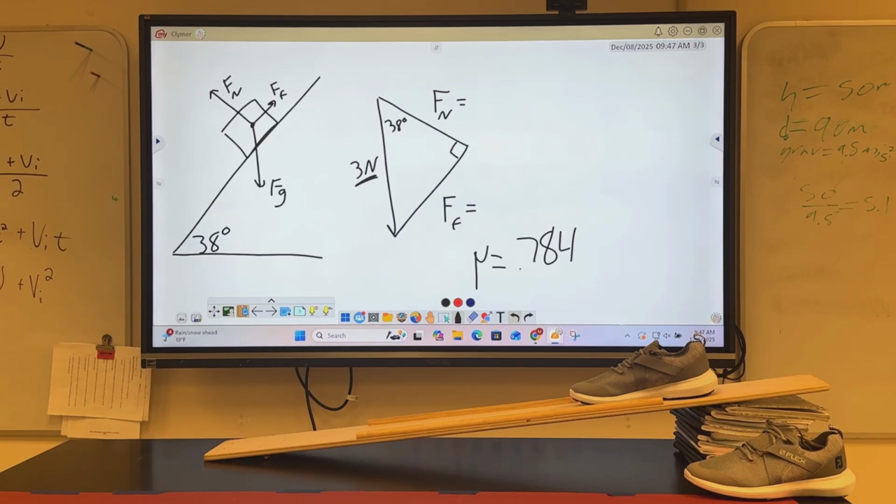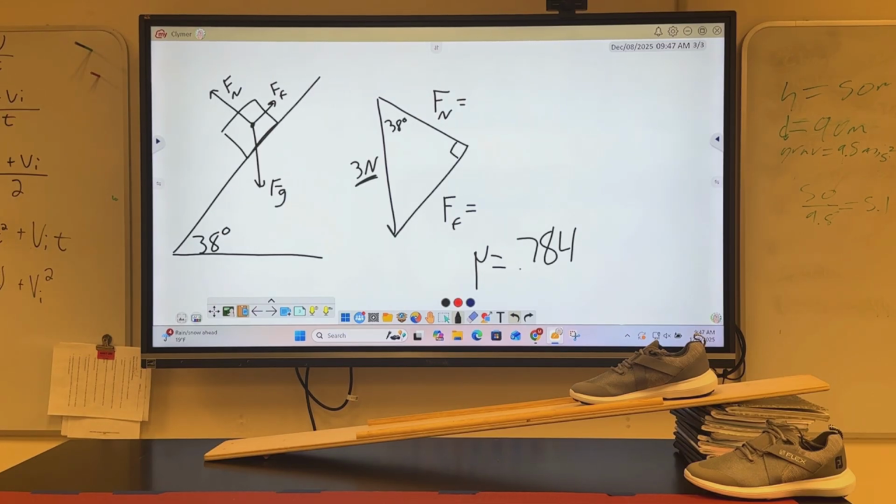Try sine 38. 3.69 divided by 4.7 times 3 equals 0.781286. You had 1.14, so that's where the difference was.